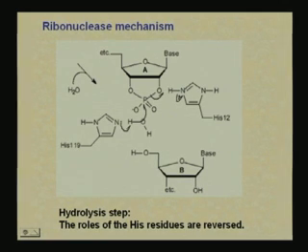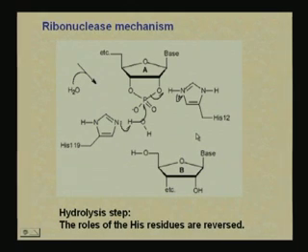In the cyclization step, histidine 12 is the base and histidine 119 is the acid. In the hydrolysis step, the roles are reversed. Histidine 119 is the base and histidine 12 is the acid. So, what are we left with now?